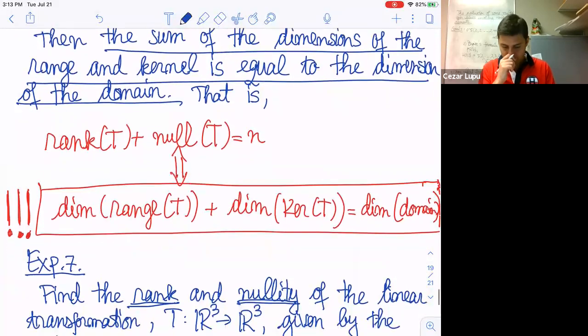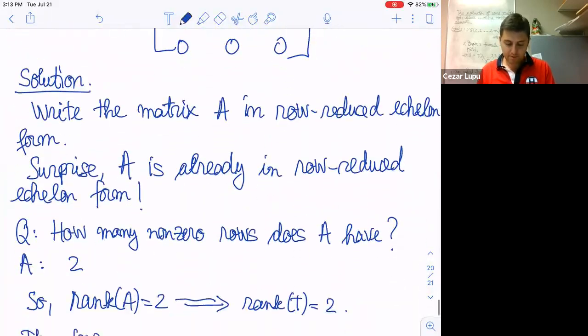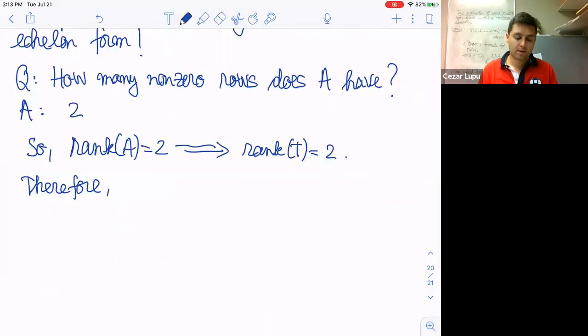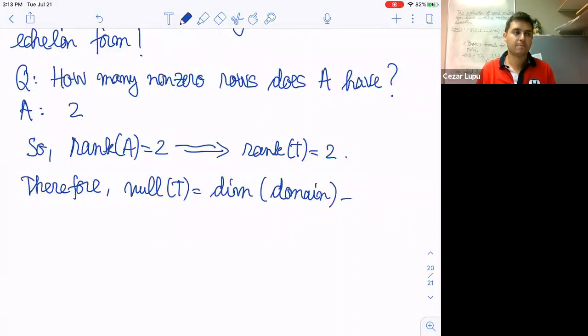So in our case, the nullity of T is nothing else than just the dimension of the domain minus the rank of T. What is the dimension of our domain?